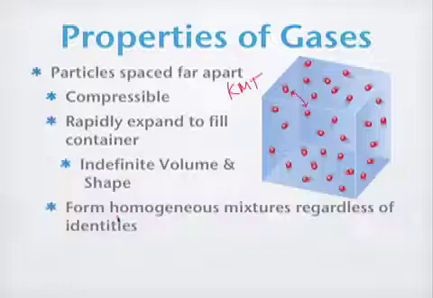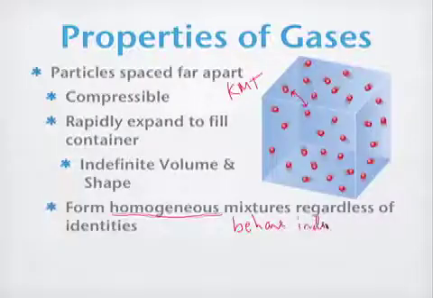Gases are going to form homogeneous mixtures, so they are considered gaseous solutions. Does not depend on their identities. As long as the chemical reaction does not occur between the two gases, the gases should mix, and this is going to end up giving us Dalton's law of partial pressures in a couple of days. This is going to show that the gases behave independently, so let's put that in there as well.